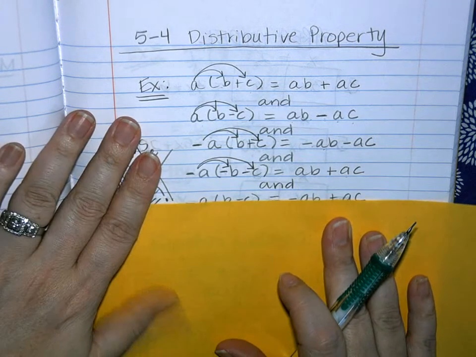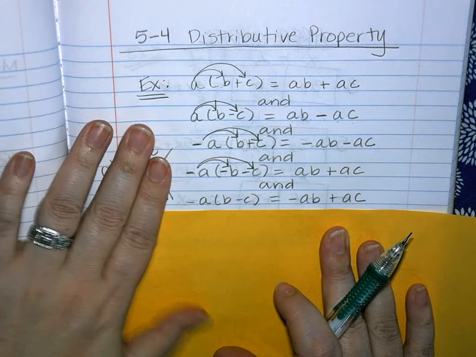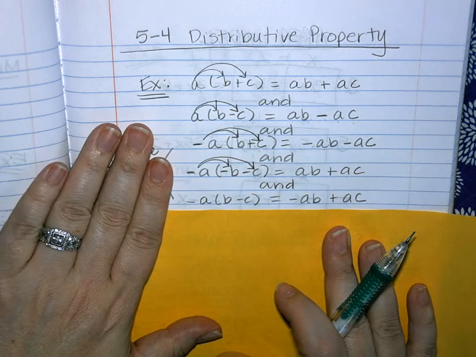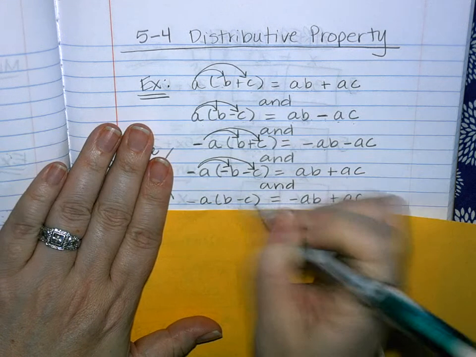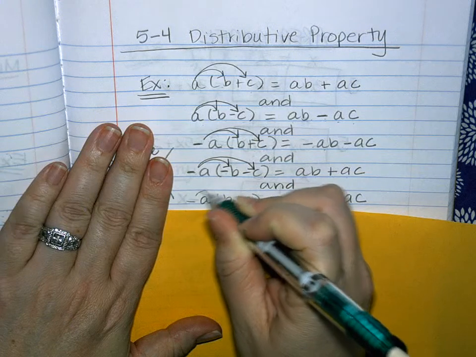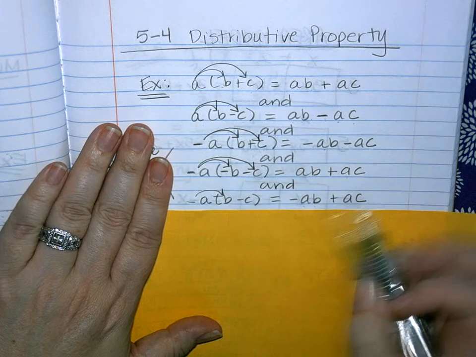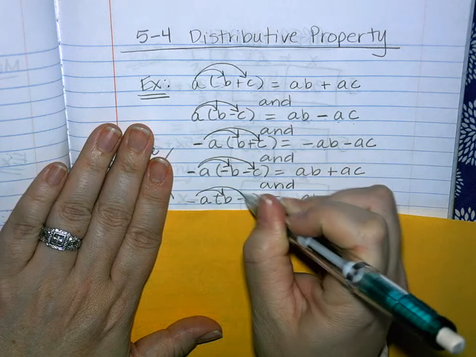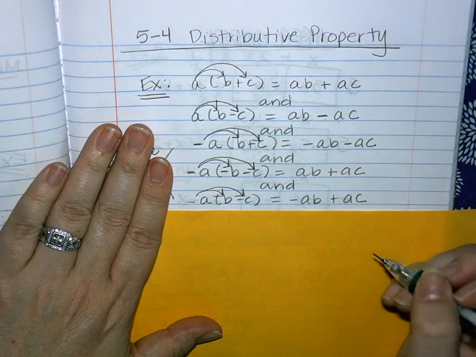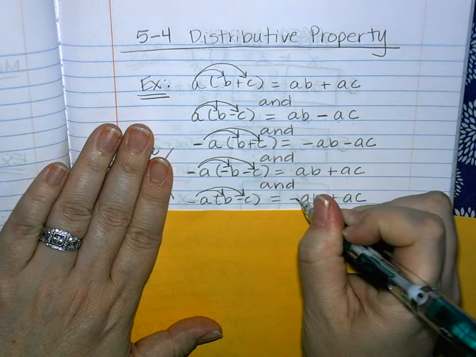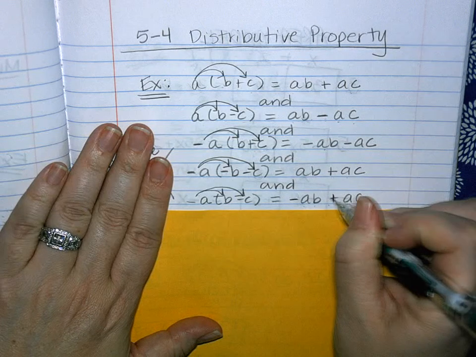Okay? Let's look at this one. What if you have one negative on the outside, so that would be negative AB. And then a negative times a negative is a positive. So you can have a result where one is negative and one is positive.